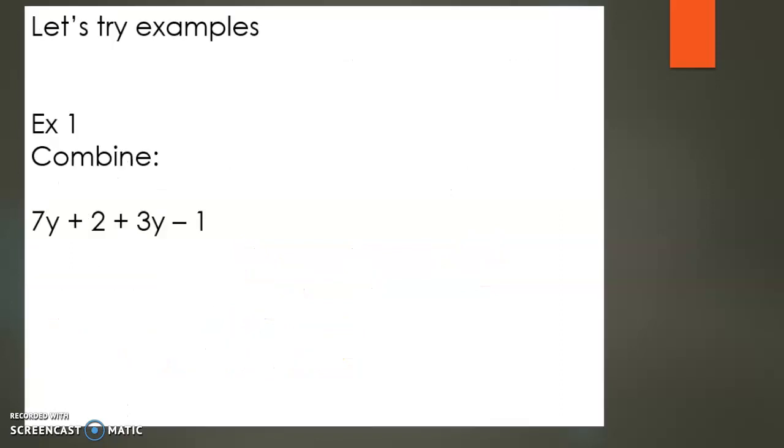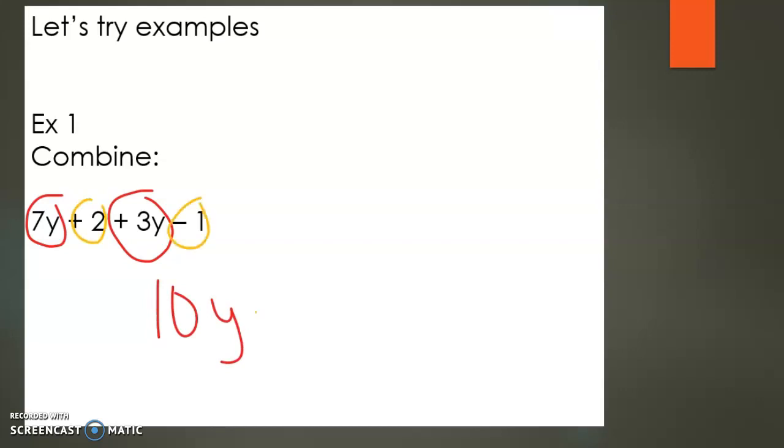Let's try some examples. Again, I start with the first one. I do 7y. I then circle the positive 3y. 7y and positive 3y is 10y. I then go through and add 2, plus 2, and a negative 1 is plus 1.